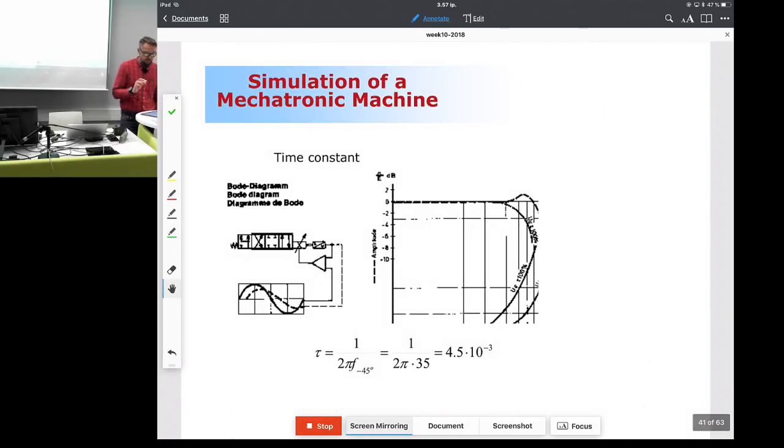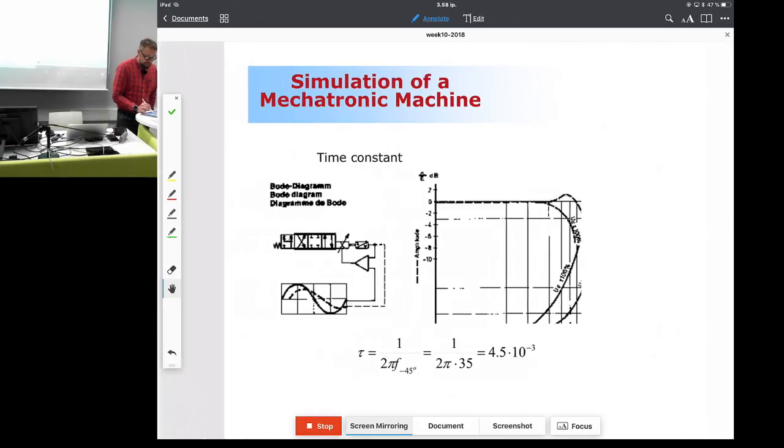This is the one that is called the Bode diagram, and there's something seriously wrong in this Bode diagram because I cannot see this clearly. Something is cut here.